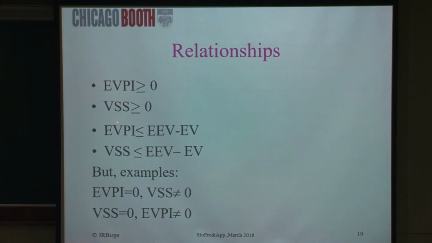So sometimes both of these are 0, but most of the time both of them are positive, and it's possible that they can be very different. That is, one of them can be 0 and the other isn't. So it's possible that information value is 0, but solving the right model is worth a lot. Or it's possible that the model isn't worth very much, but if I knew the exact information, then that would be worth something.